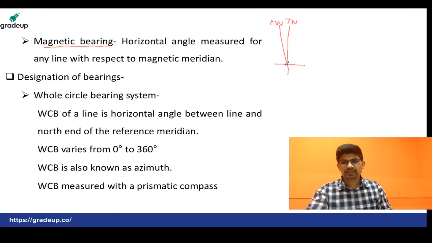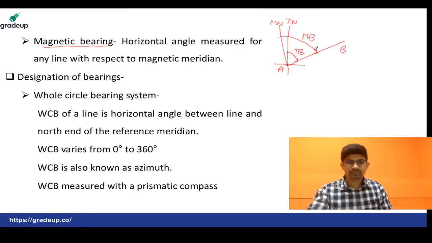If this is the magnetic north, and similar to the previous case, this is the line AB, then I have already told you this is the true bearing, while the magnetic bearing will be from magnetic north to the line. So the horizontal angle measured for any line with respect to the magnetic meridian is known as magnetic bearing.